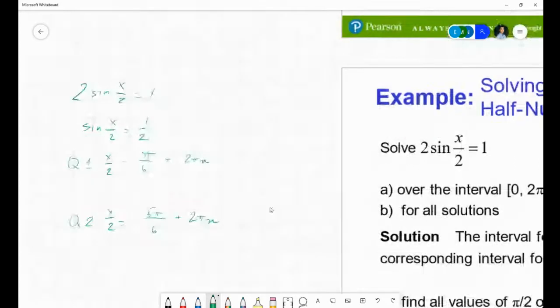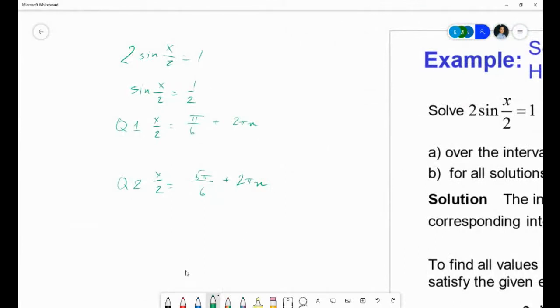Now we can solve for x by multiplying both sides by 2. So that will give me x is equal to pi over 3 plus 4 pi n. Now, since the b value tells us the number of complete cycles in 2 pi, notice that the b value here is 1/2.